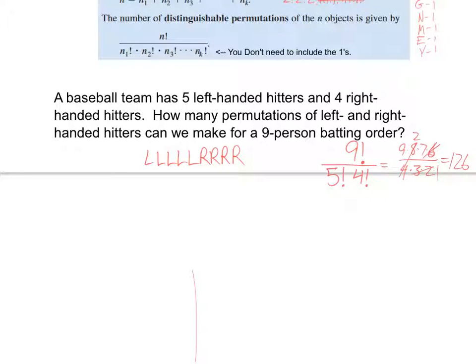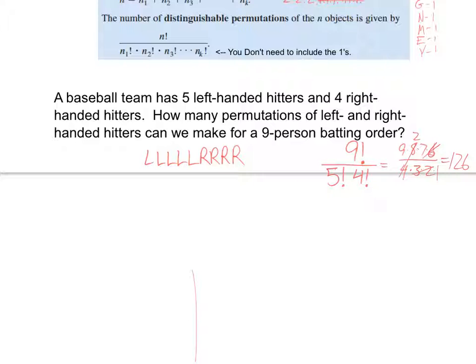Any questions? Comments? Yes? Can you simplify factorials? What do you mean? Like, can you combine 5 factorial and 4 factorial? Or like, if it was 2 factorial, 2 factorial, 2 factorial, is that the simplest way you can put it?